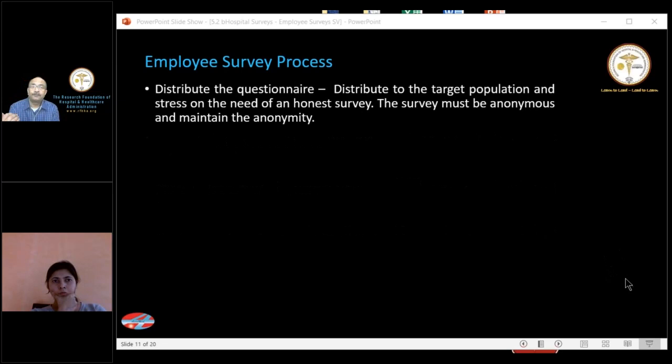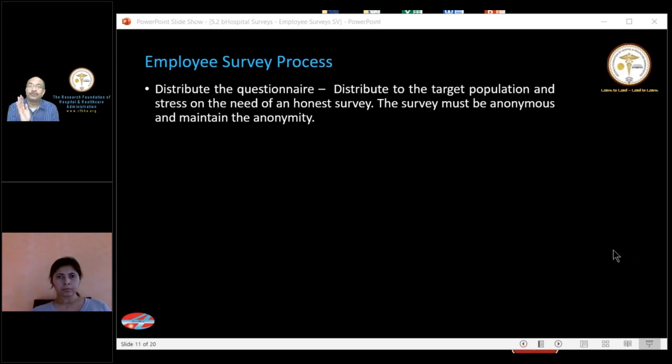The survey process will mean that we distribute the questionnaire. Now it can be done on a mobile phone by distributing a link, or you distribute the questionnaire using the paper form, or whichever way. This is something simpler to implement. We need to remember that the sampling methods and the sample size must be met.